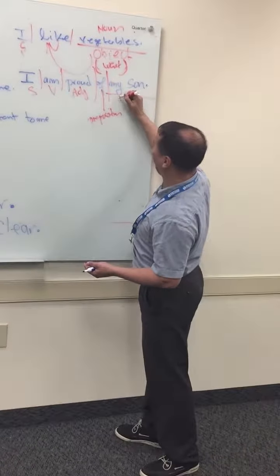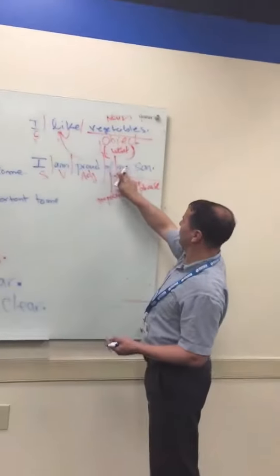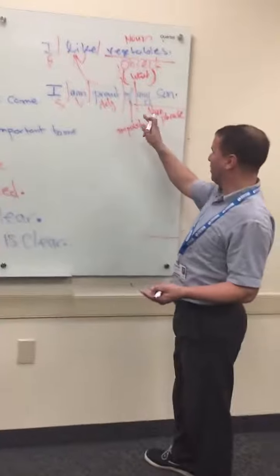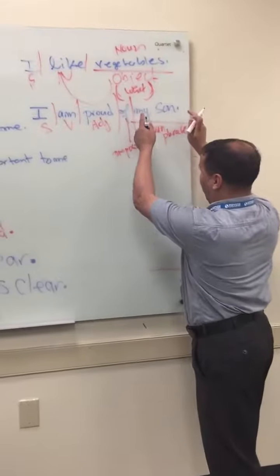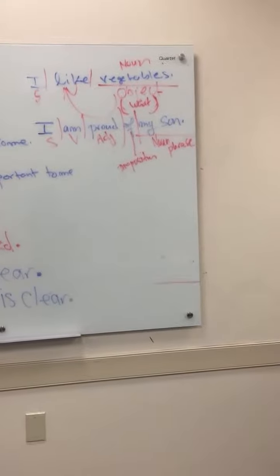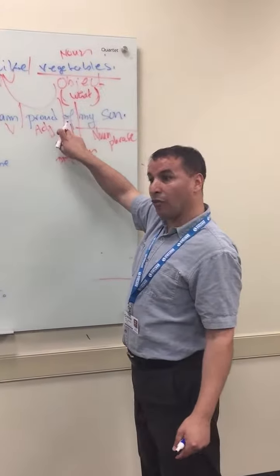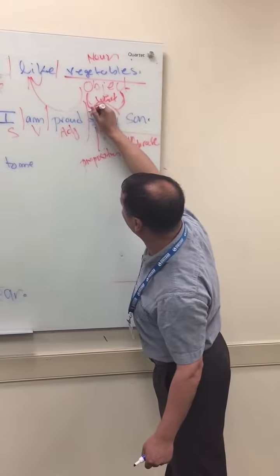We can actually call it a noun phrase because it's two words. How many words? Two words, so it's a phrase. We call it a noun phrase. Now, what's the grammatical function of this noun phrase? Object of what? I am proud of who? My son. So my son actually goes back to of.